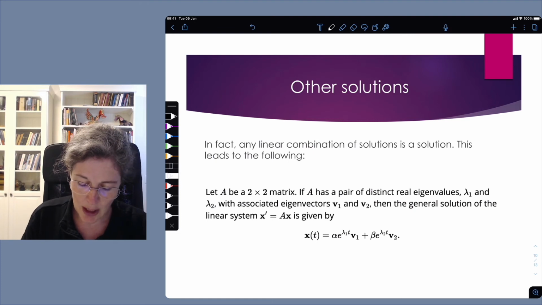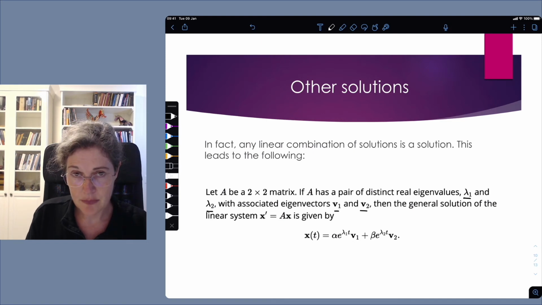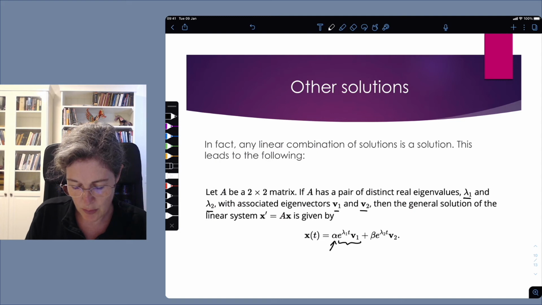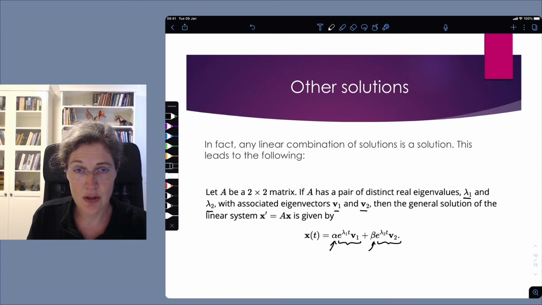So if you have distinct real eigenvalues lambda 1 and lambda 2 with their associated eigenvectors, then the general solution is given by some constant times the solution from the first eigenvalue and vector and some constant times the second. The constants shouldn't really surprise you.